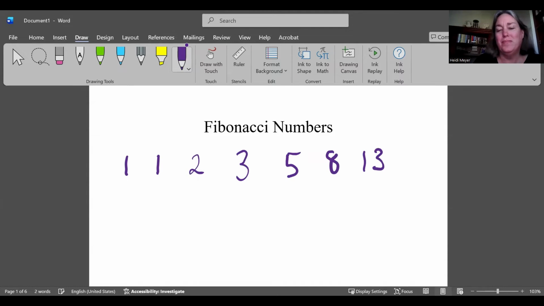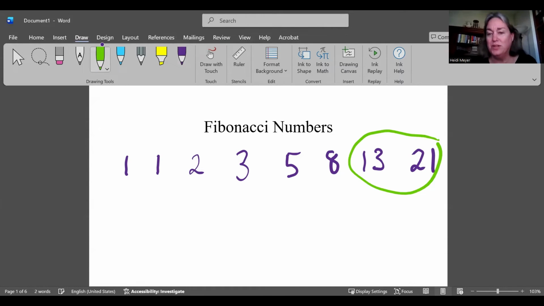And then one more. 8 plus 13, these last two, we're going to add them up. 8 plus 13 is equal to 21. And you could just keep going. If we did one more, if we did 13 plus 21, that would be equal to 34. So they just keep going and going.